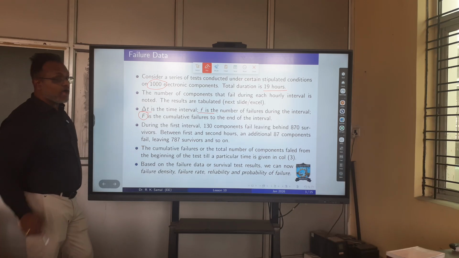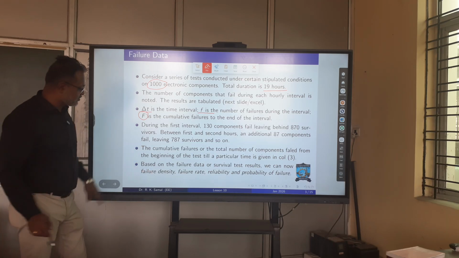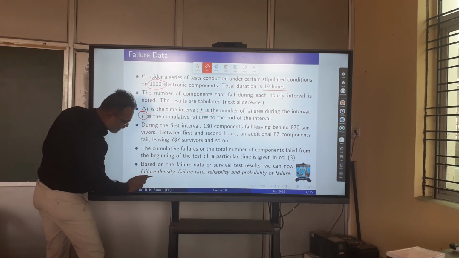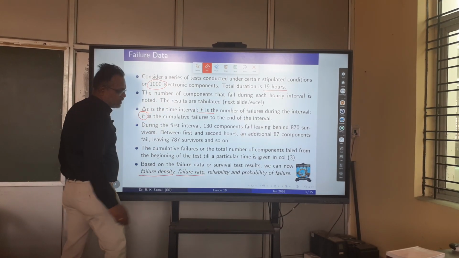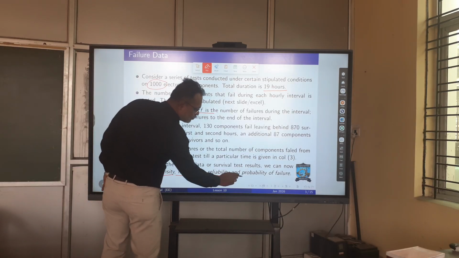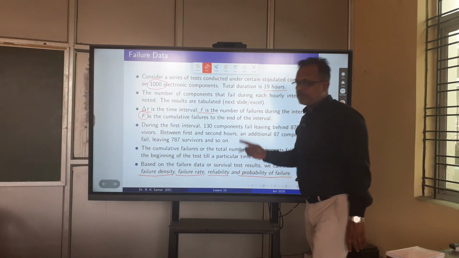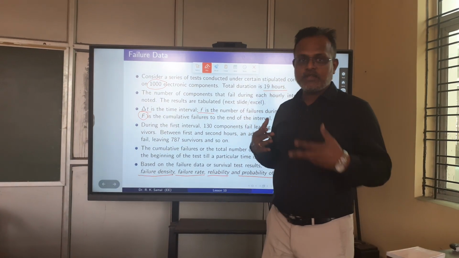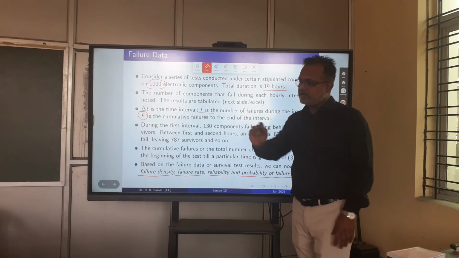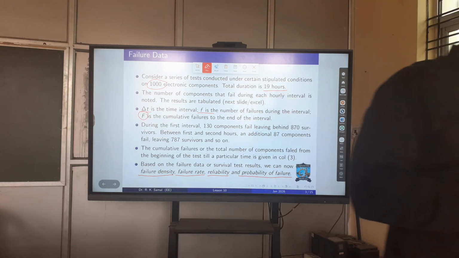Based on the failure data, our objective is to obtain these 4 terms: failure density, failure rate, reliability, and probability. Write it down, mention only these 4 terms.